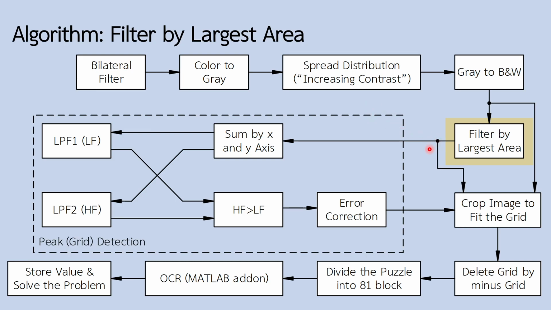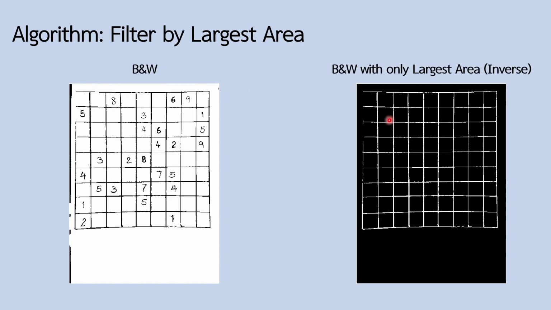Here is the black and white image, and when we use image sort, filter by size, we can get the maximum, the largest area, which is the grid.